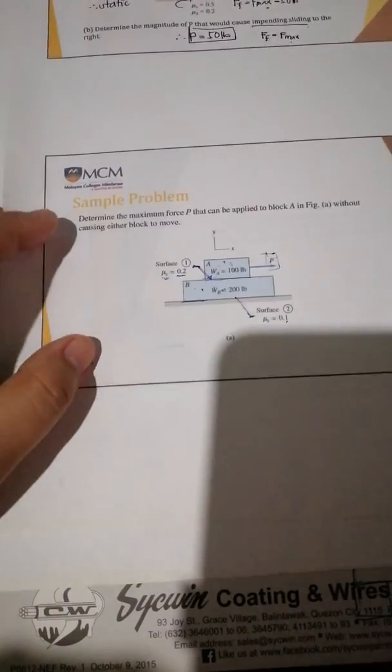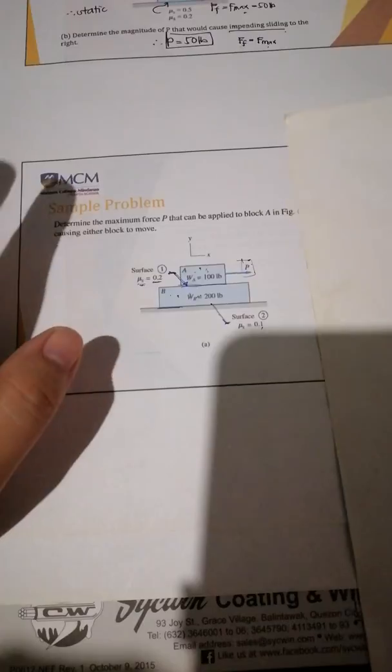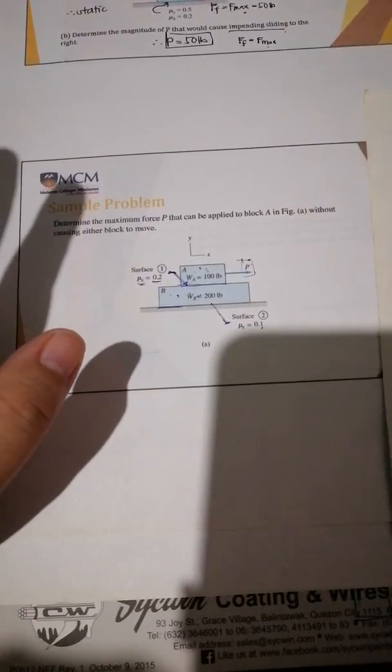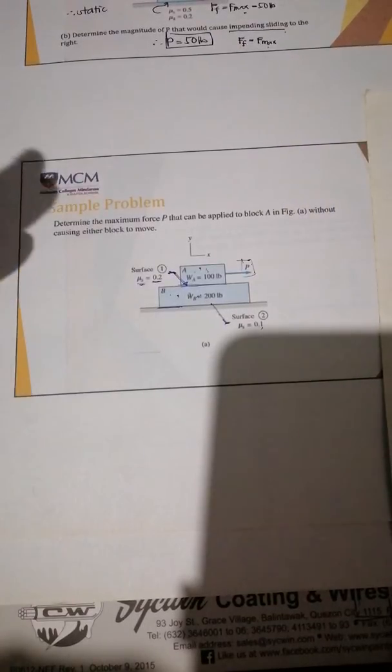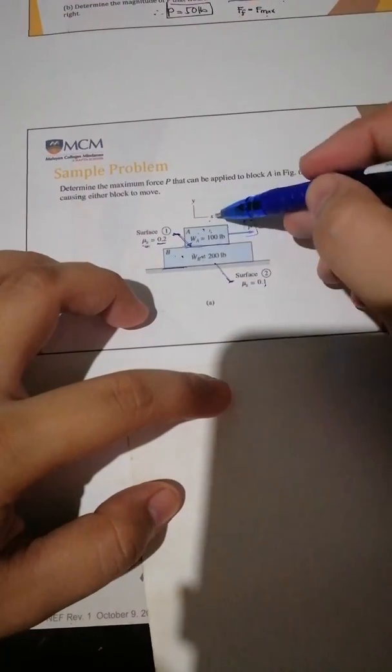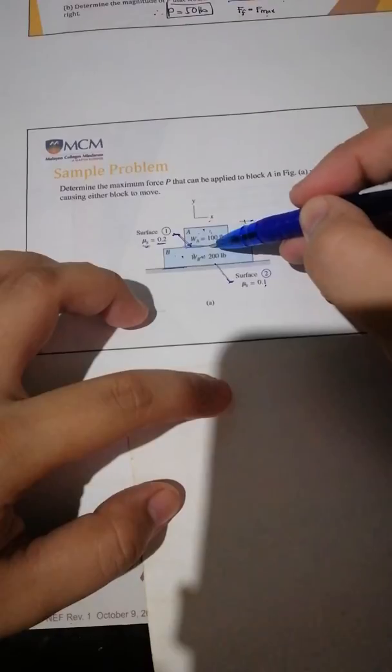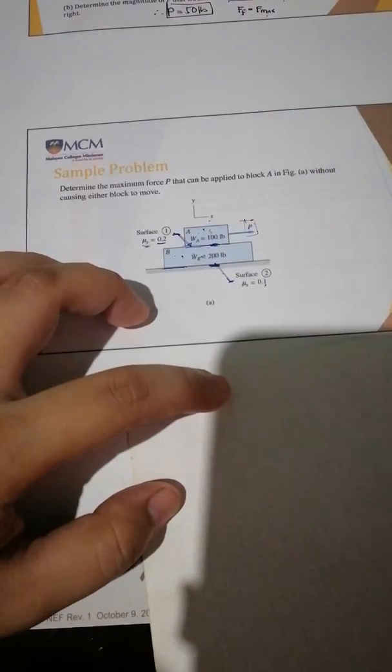So what we have to consider are the two possible frictional forces developed: first, the friction force developed on this contact surface, and next, the friction force developed on the other contact surface.